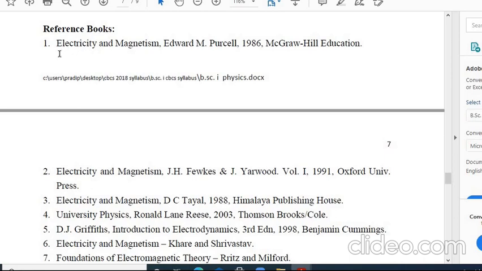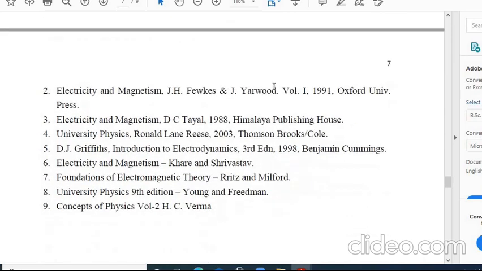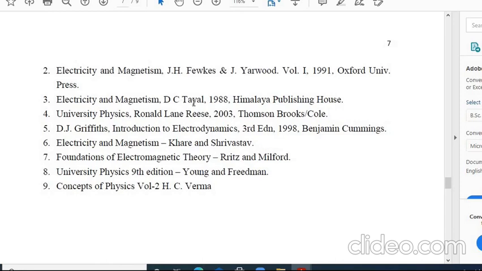So these are the reference books: Electricity and Magnetism, McGraw-Hill Education. Second is Electricity and Magnetism, then Electricity and Magnetism by Tayal, University Physics by Ronald Lane Reese. Then one more important book, Electricity and Magnetism by Khare and Srivastava. It is a very important book, but it is also a very easy book.